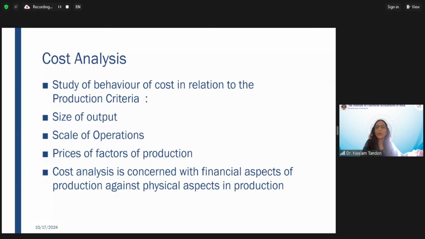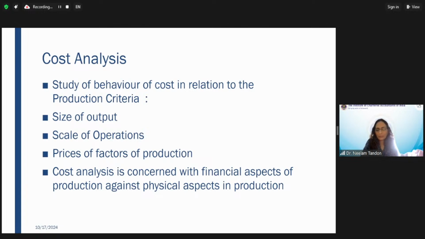But when we talk about cost आप rupees में calculate करेंगे, dollar में calculate करेंगे अगर आप international market में हैं, whatever it is. So you calculate in financial terms. Okay, so cost is always expressed in financial terms, but output or production is always expressed in physical terms.